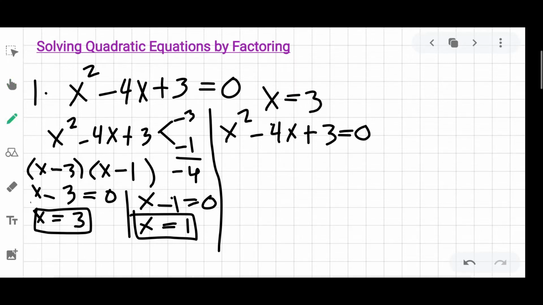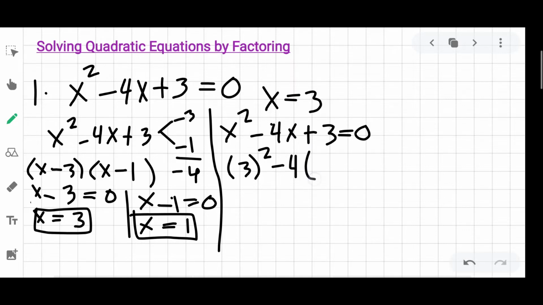Kaya magiging 3 squared minus 4, substitute 3 sa x.